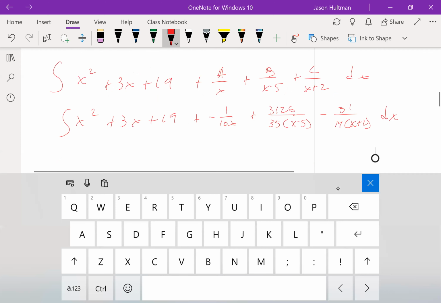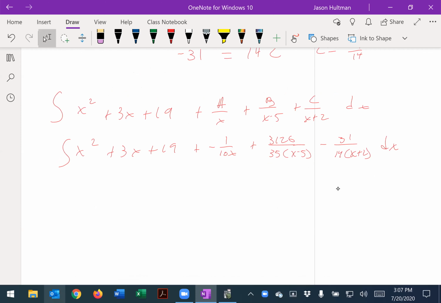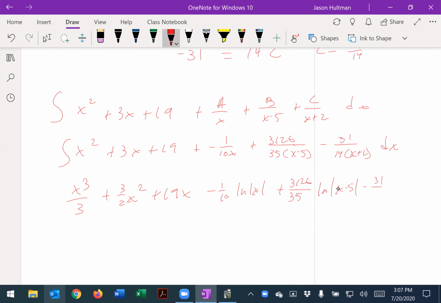Okay, so now let's integrate. We have everything we need to integrate. So this is going to be x cubed over 3 plus 3 halves x squared plus 19x minus 1/10 natural log of x plus 3126 over 35 natural log of x minus 5 minus 31 over 14 natural log of x plus 2.